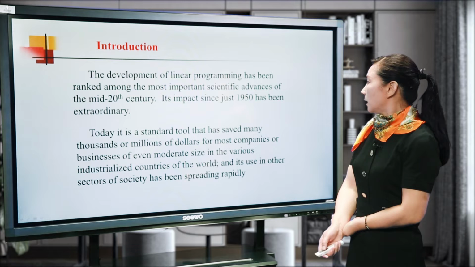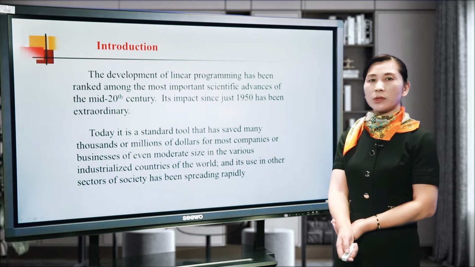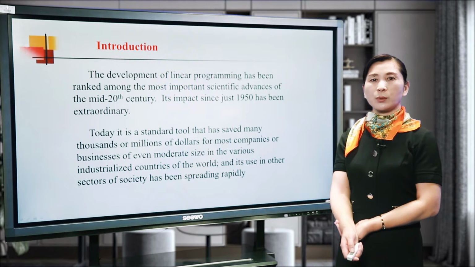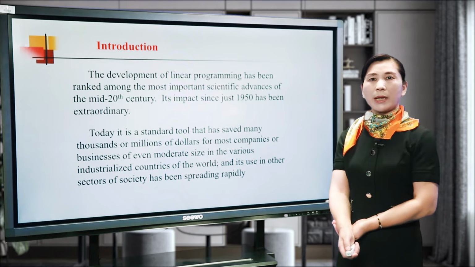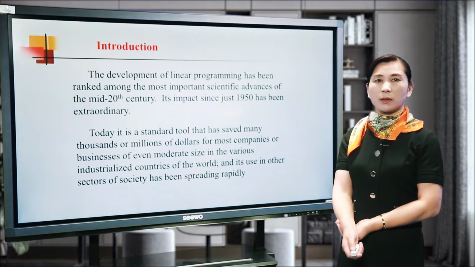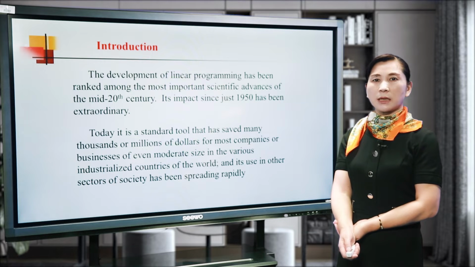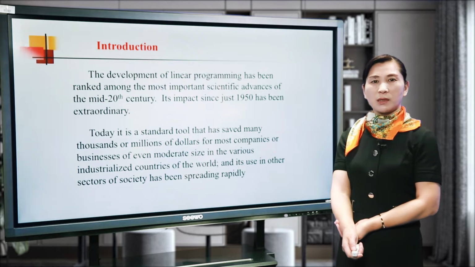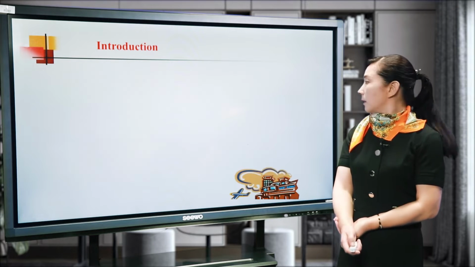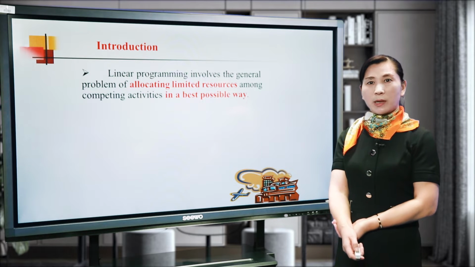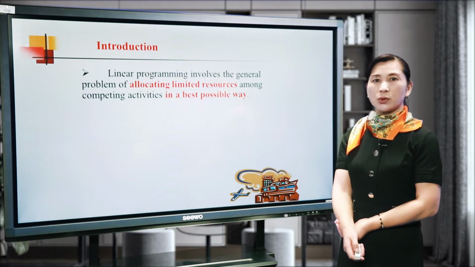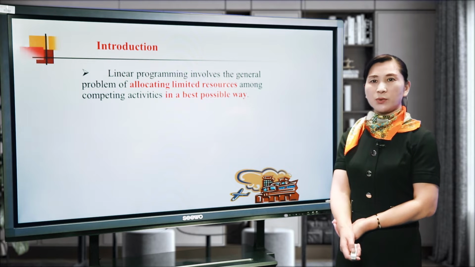Today, it is a standard tool that has saved many thousands of millions of dollars for most companies or businesses of moderate size in various industrialized countries of the world, and its use in other sectors of society has spread rapidly. Linear program involves the general problem of allocating limited resources among competing activities in the best possible way.